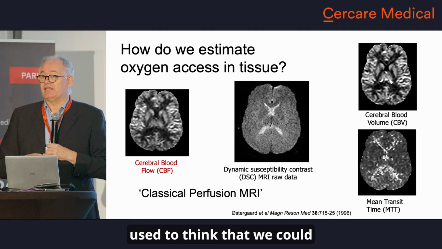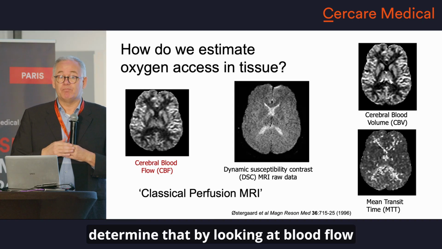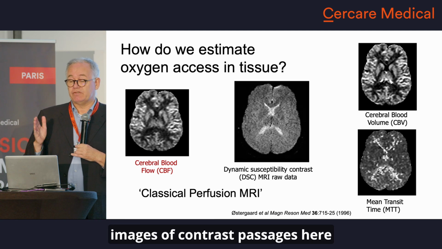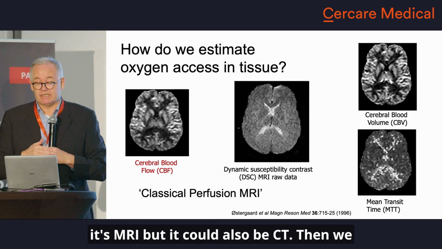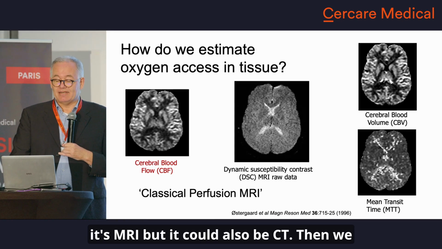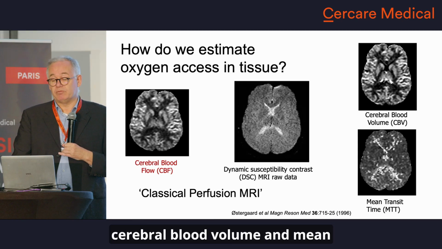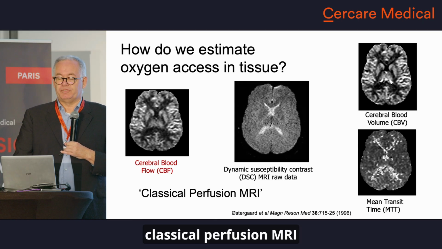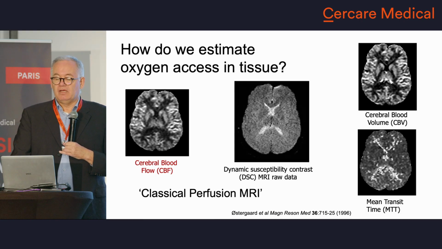We used to think that we could determine that by looking at blood flow alone, from dynamic images of contrast passages. Here it's MRI, but it could also be CT. Then we made maps of cerebral blood volume and mean transit time. This is what we call classical perfusion MRI, or classical perfusion.